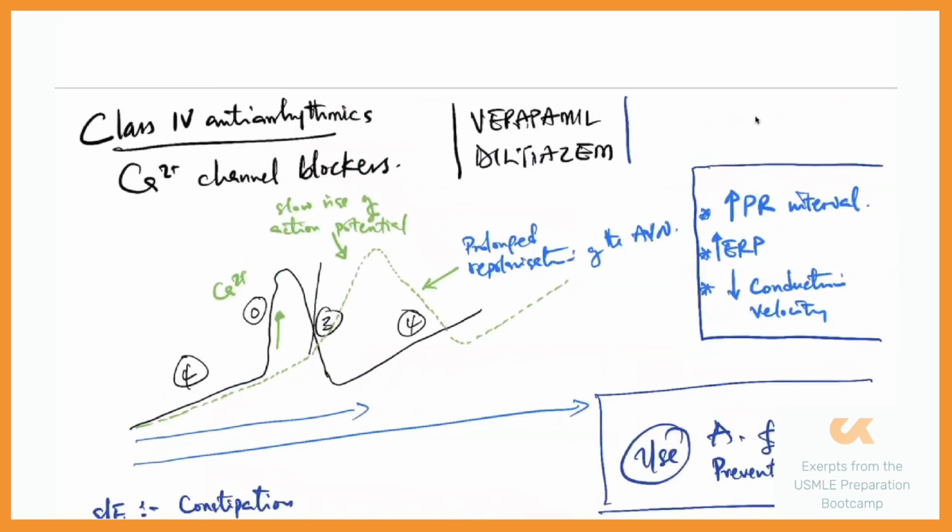It's often confusing for a lot of students, but remember that verapamil and diltiazem are non-dihydropyridine medications. Just imagine we have more dihydropyridine medications, and these ones are the outcasts. There are just 2 of them, right? So they are non-dihydropyridine. All right, I'll see you in the next video.